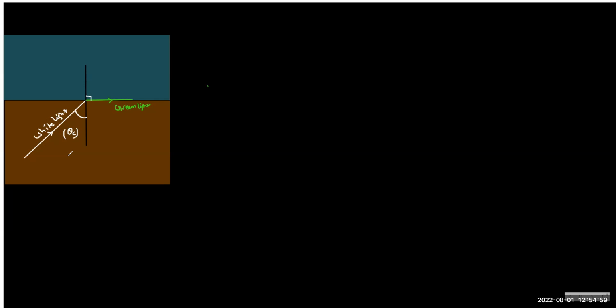Answer a simple question: a white light is coming from the denser medium, hitting the interface, and out of all the light, only green is shown. The rest you have to guess.